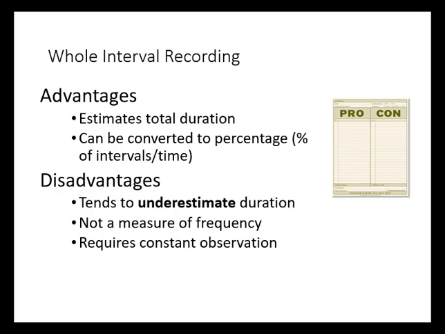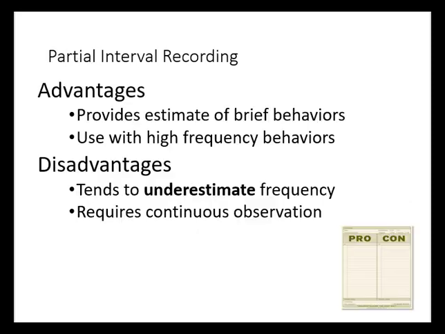If you think about it, behaviors that last just 1 second shorter than the entire interval won't be counted. In addition, whole interval recording requires you to watch the student constantly, which requires time and undivided attention, as well as can promote observer fatigue.